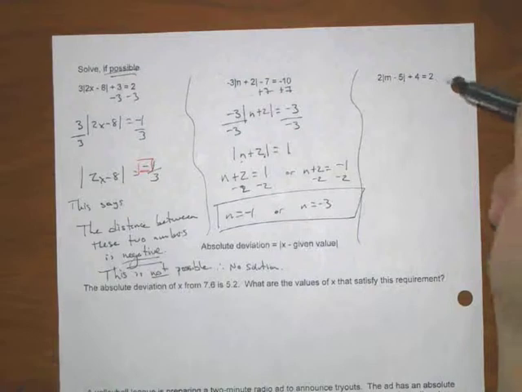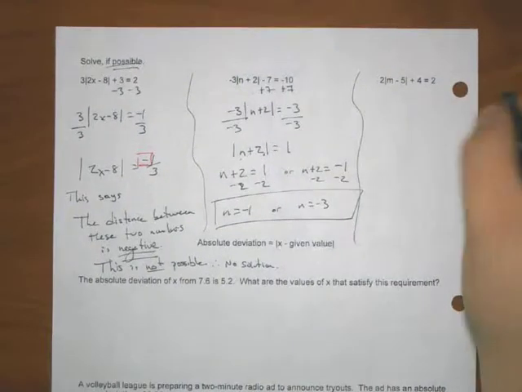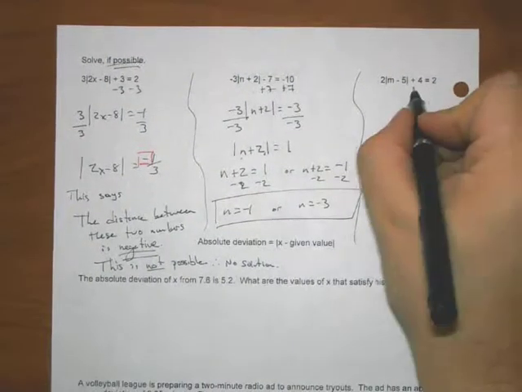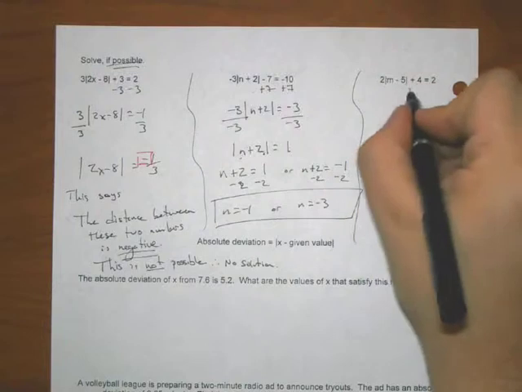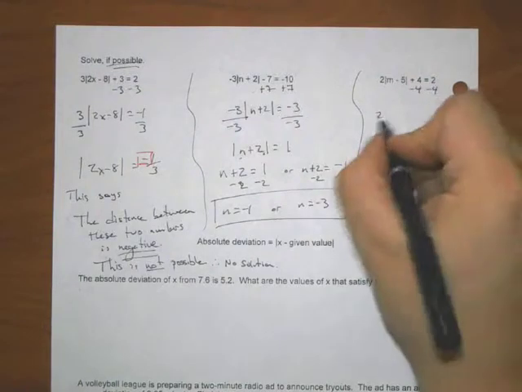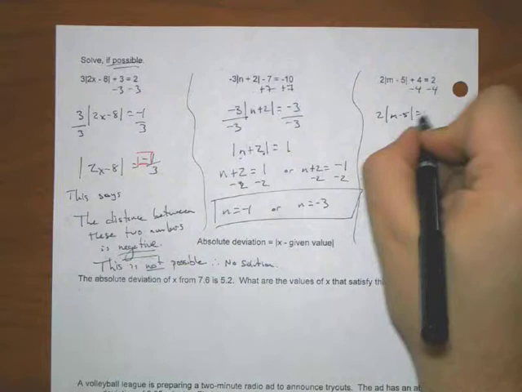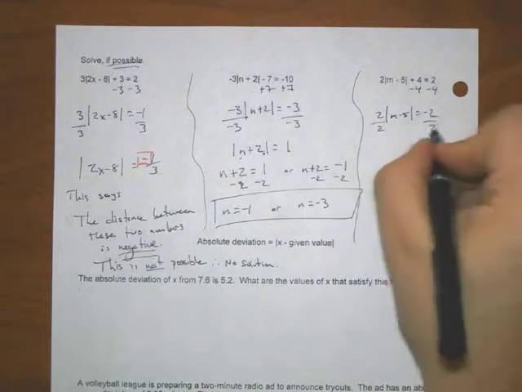Maybe like the first one, it looked inconspicuous. Maybe this doesn't look that bad. I get the absolute value by itself. Divide by 2.